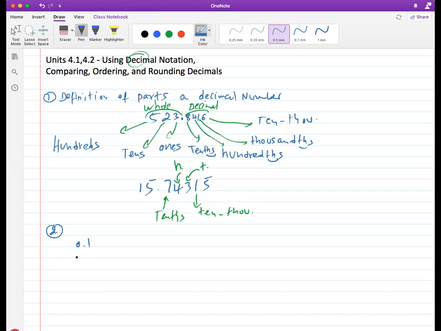That's not the formal way. We read it in the formal way using the words we just learned. So, writing decimals in words.